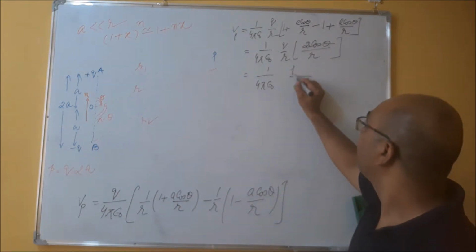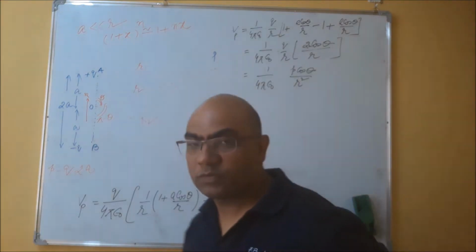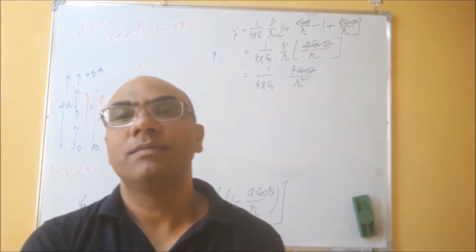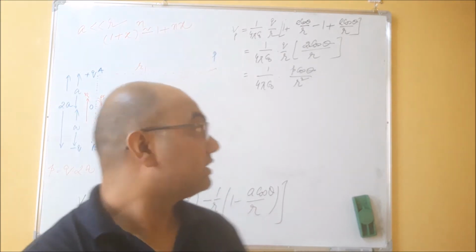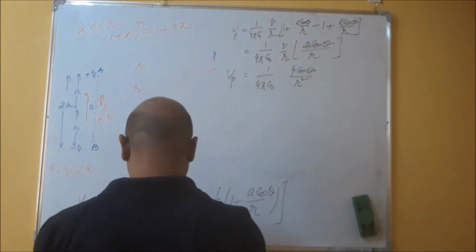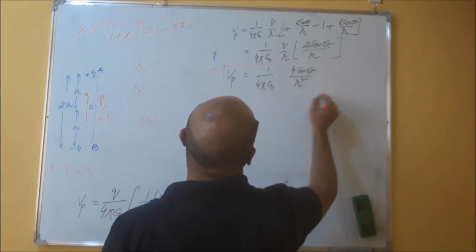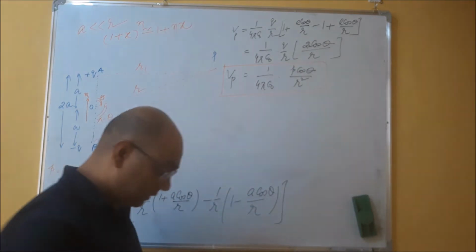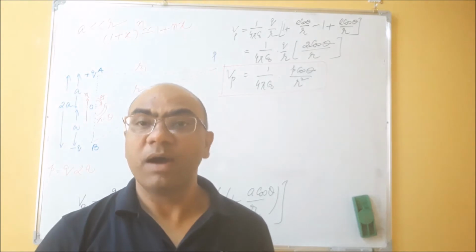So I can write p cos theta. So this is the final expression for Vp, that Vp is given by 1 upon 4 pi epsilon naught, p cos theta divided by r square.